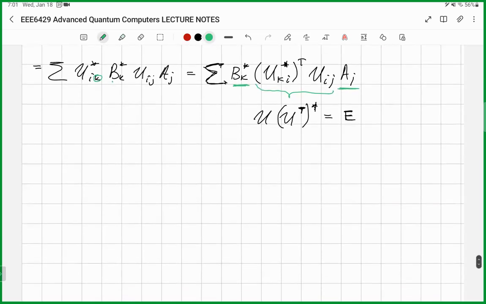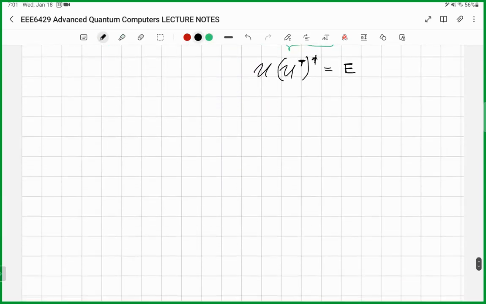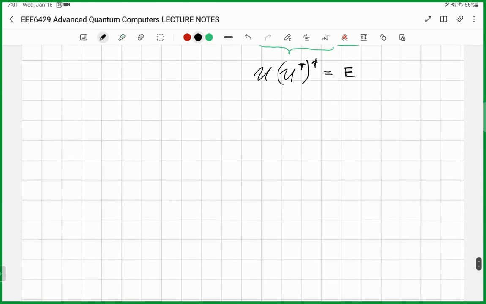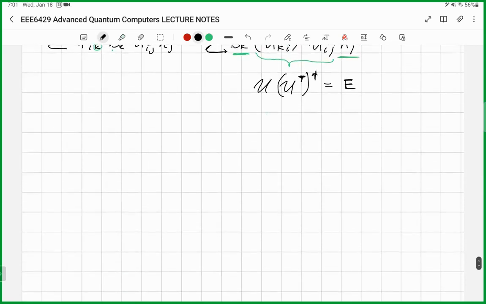So from here we conclude that, first of all, let's write this one here, U times U dagger, Hermitian conjugated, is equal to E. And now let's multiply both sides on the left by the inverse matrix.